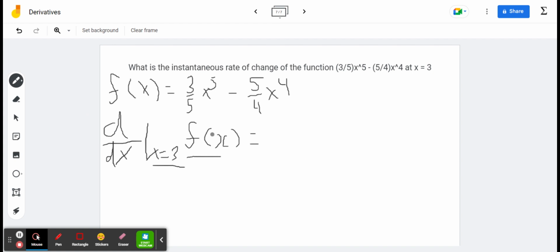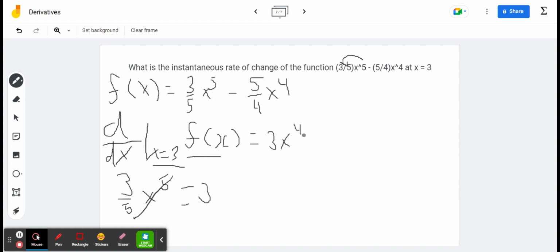Okay, so we're going to take the derivative of each of these terms like we did earlier. So we're going to take the exponent and bring it down to multiply the coefficient. So 3/5 times 5. What is 3/5 times 5? By multiplying fractions, we get 3. So 3x to the 4th, because we subtract 1 from our exponent.